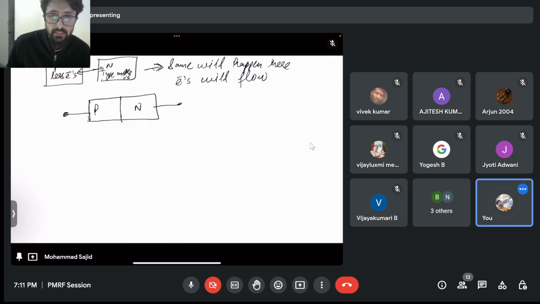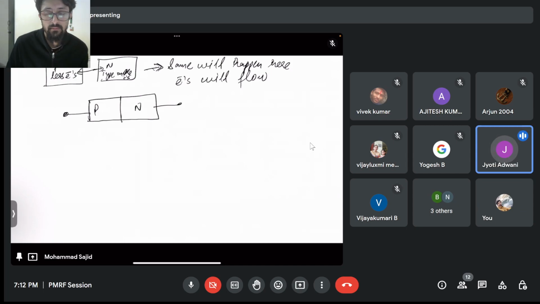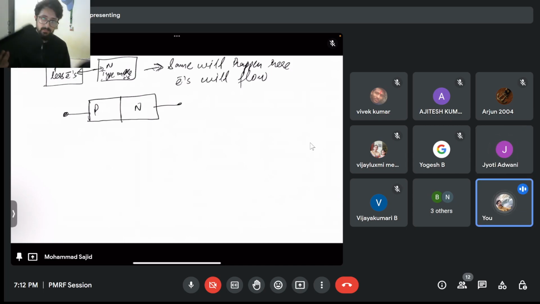Anybody? Sir, it depends on the biasing. No, no. As I said, initially from higher concentration to lower concentration. Initially, these are not connected yet. If you had two water tanks, one with a large amount of water and another with less, water won't flow.